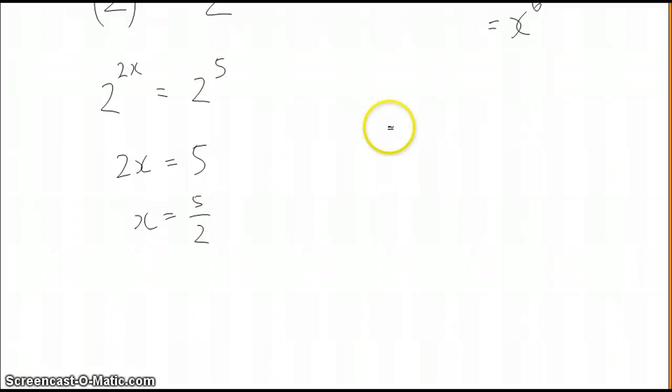Look at question B. 8 to the power x equals 1/4. Again, I'm going to use 2, and I think the reason I'm using 2 is I've just seen these lots of times before, but you could easily use 3 as your base. 2 to the power what gives 8?